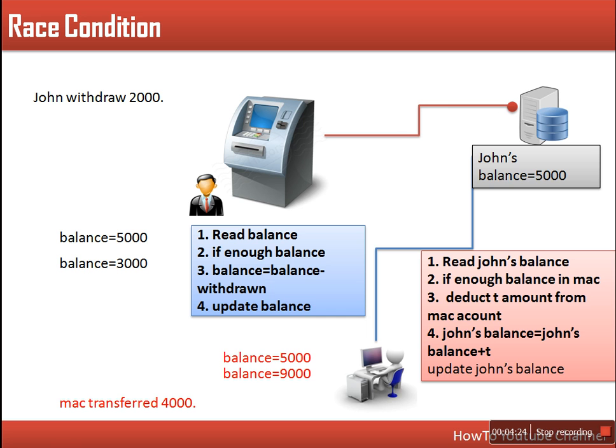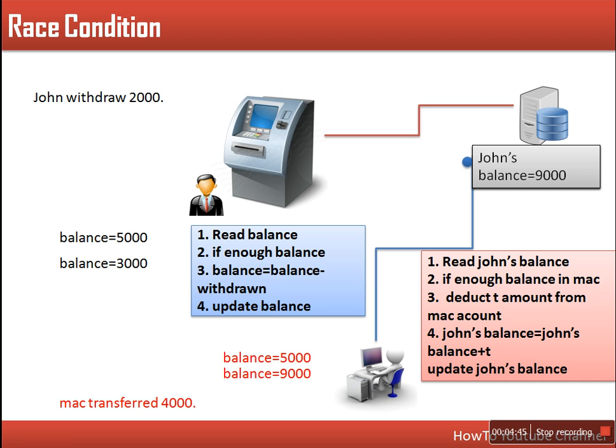So it becomes 3,000. Then, when this other code executes, it also updates the value and sends the updated value 9,000, and that makes the balance 9,000.